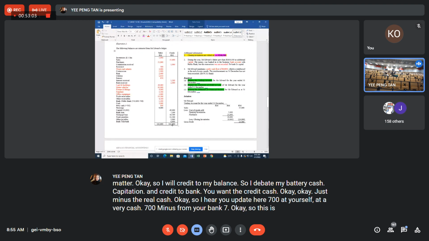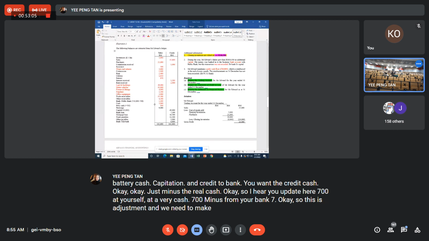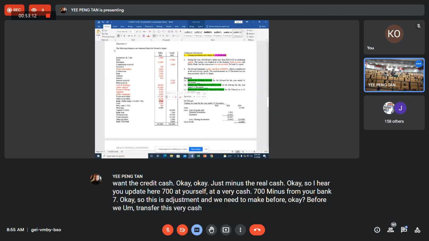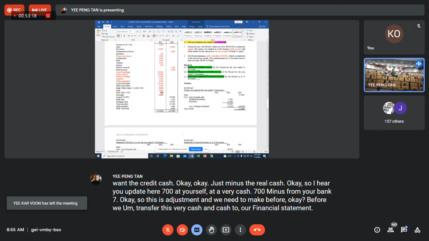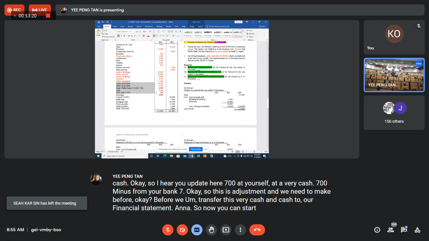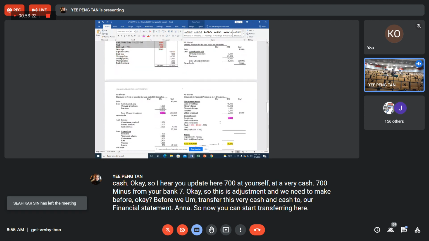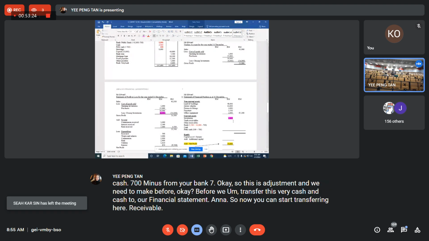Okay, so this is the adjustment that we need to make before we transfer this petty cash and cash to our financial statement. And now you can start transferring here. Trade receivable, how much is that? 13,500.